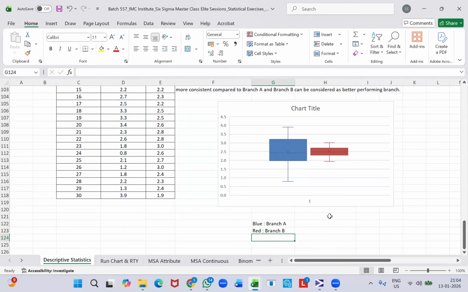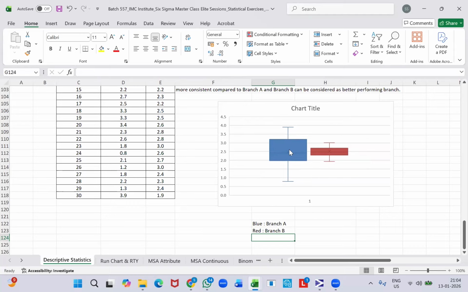So the length of the box whisker plot will give you a clear-cut indication with regard to the variation exhibited by that category, right? Here we find the length of branch B's box whisker plot is significantly lesser compared to that of branch A. If the data spread is higher, then obviously we will have a box whisker plot which is slightly higher in length, right?